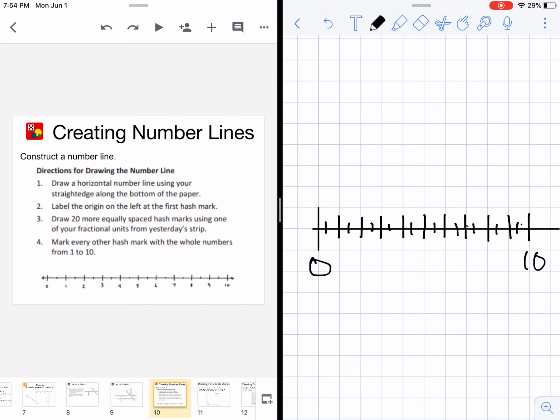Okay. So 20 or more equally spaced hash marks. Mark every other hash mark with the whole numbers from 1 to 10.